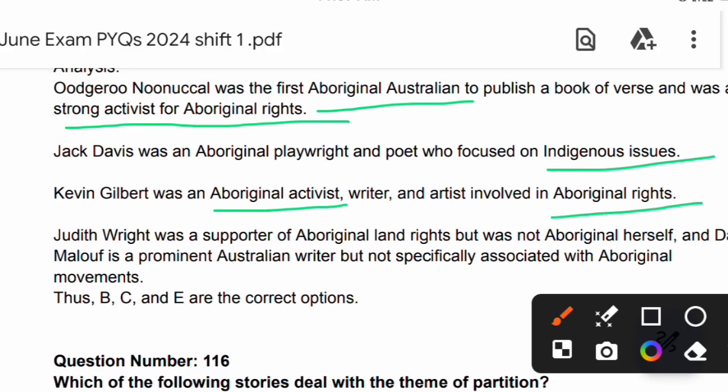Judith Wright was a supporter of Aboriginal land rights but was not Aboriginal herself. And David Malouf is a prominent Australian writer but not specifically associated with Aboriginal movements. So do remember these names: Oodgeroo Noonuccal, Jack Davis and Kevin Gilbert are the writers who belong to the Aboriginal Australian rights movement.